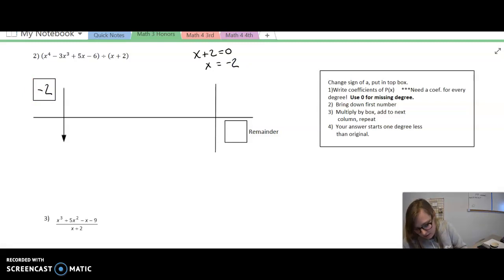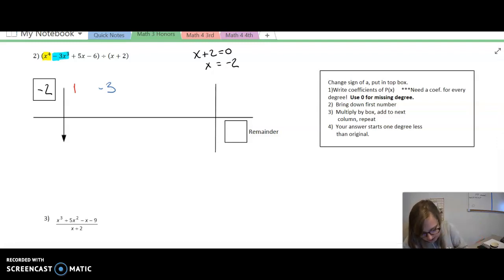All right. So now I'm going to write my coefficients, and we're going to start with x to the 4th. X to the 4th has a coefficient of 1. Now I'm going to move on to x to the 3rd. X to the 3rd has a coefficient of negative 3. Then our next one would be x to the 2nd.